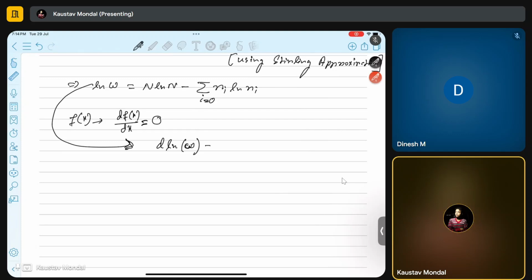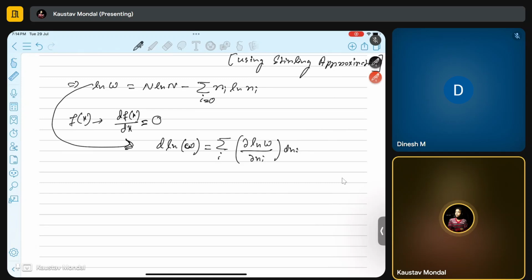So that can be written as the summation over i of delta ln W over del ni times delta ni. This is the function because we are doing the total derivative, right?